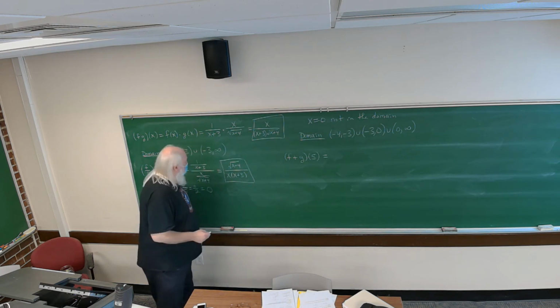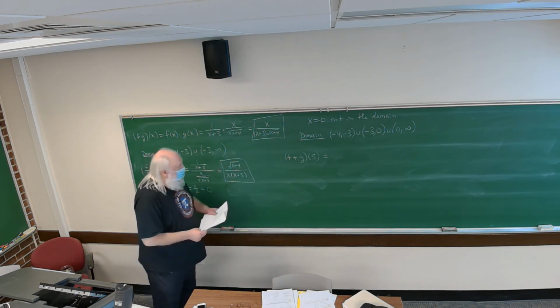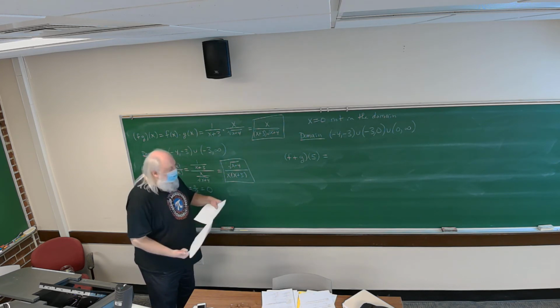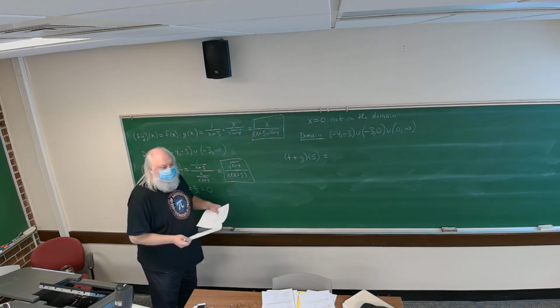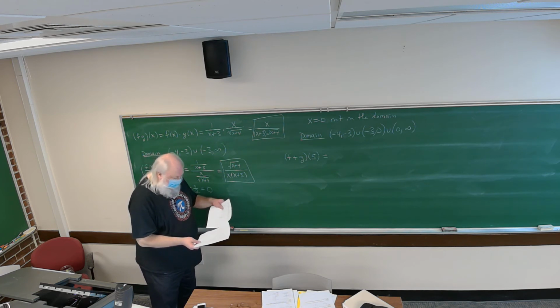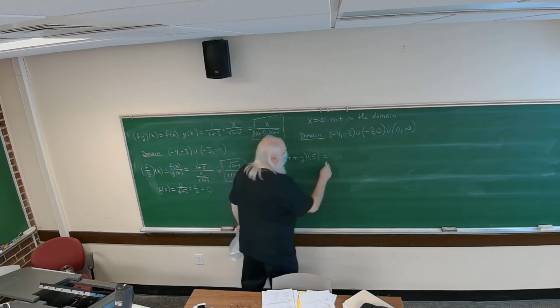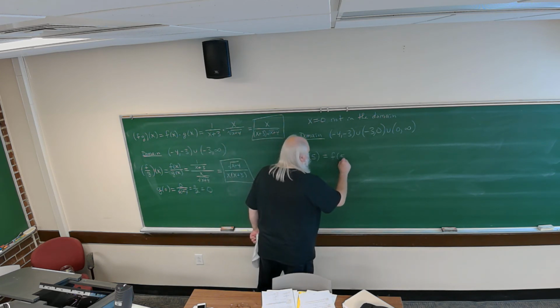One way is, on a previous page we found f plus g of x, so you could just put in 5 for x in f plus g of x, or this is also equal to f of 5 plus g of 5.